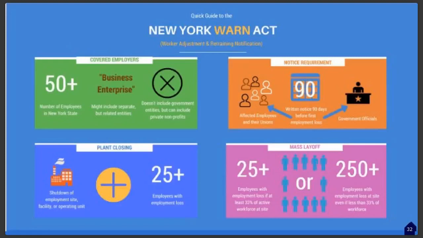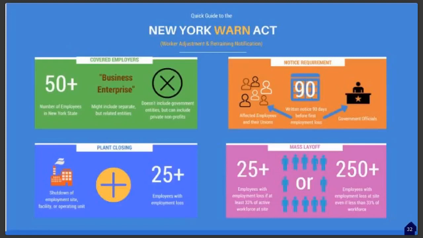Plant closing, shutdown of the employment site with 25 or more employment losses of non-part-time employees. Mass layoff, you have the 25 or more if it's 33% of the active workforce, or the 250 regardless of the proportion. Under the federal WARN Acts, these numbers all change.